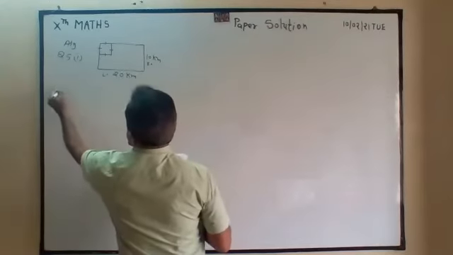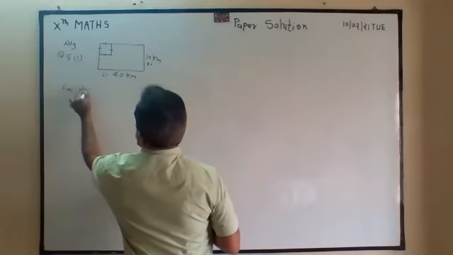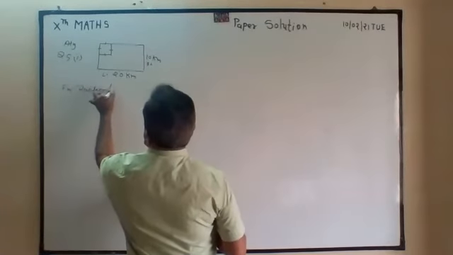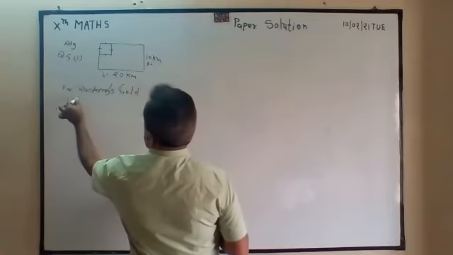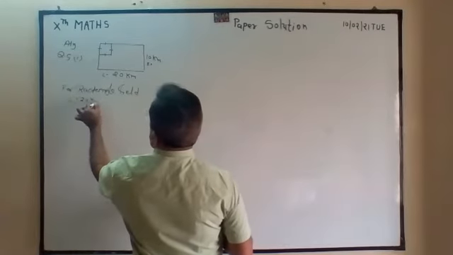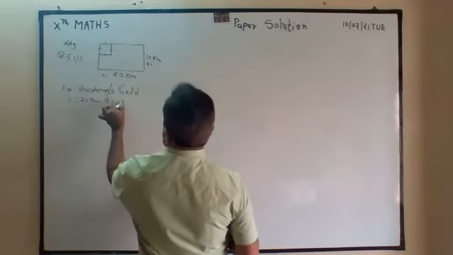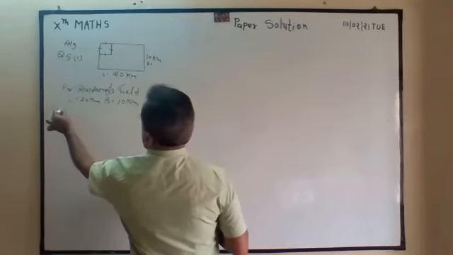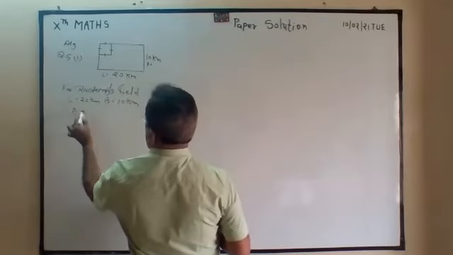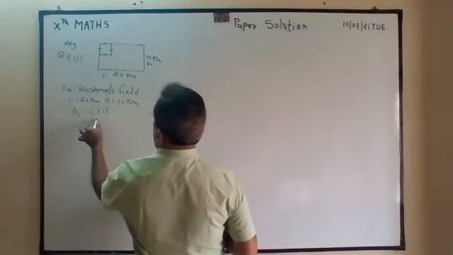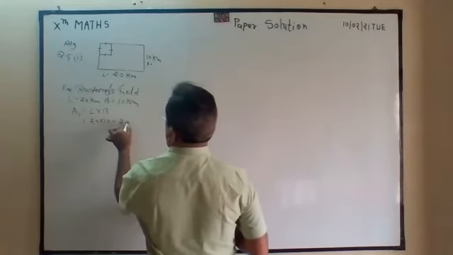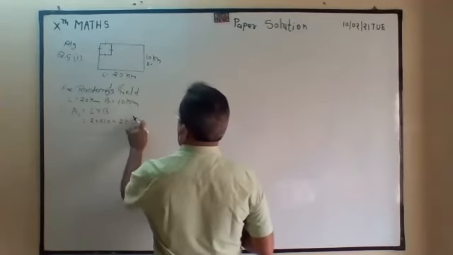For rectangle field, length is equal to 20 kilometer, breadth is equal to 10 kilometer. Therefore, area 1 is equal to length into breadth is equal to 20 into 10 is equal to 200 square kilometer.